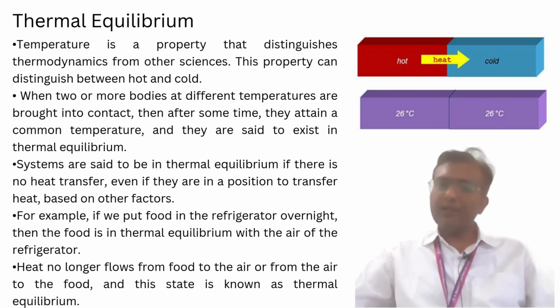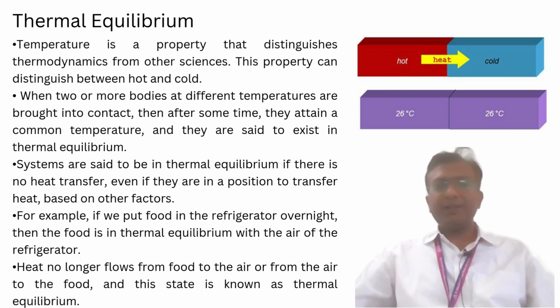If you place a cold drink in a warm room, the drink will be colder than the surrounding air. Heat will transfer from the air to the drink, gradually warming the drink up. This process continues until the drink reaches the same temperature as the room, at which point they are in thermal equilibrium.